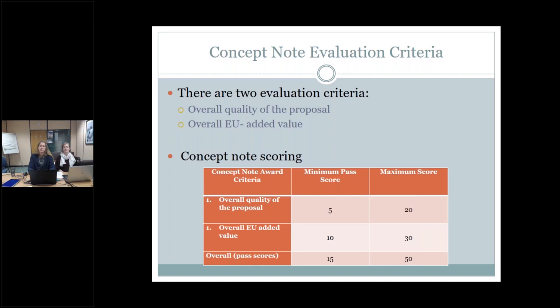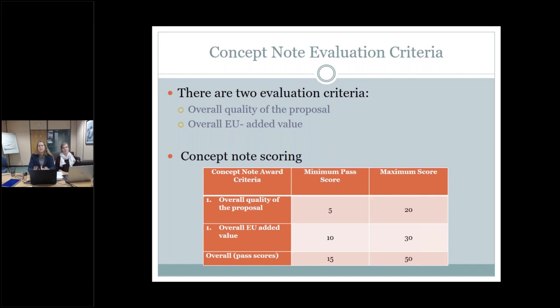I will now talk about the concept note award criteria, and I recommend that you have a look at the evaluation guidance, which is available on the Commission's website alongside the other call documents. So once you have submitted your concept note by the 17th or 19th of June, the Commission will assess it against two criteria: the overall quality of the proposal and the overall EU added value.